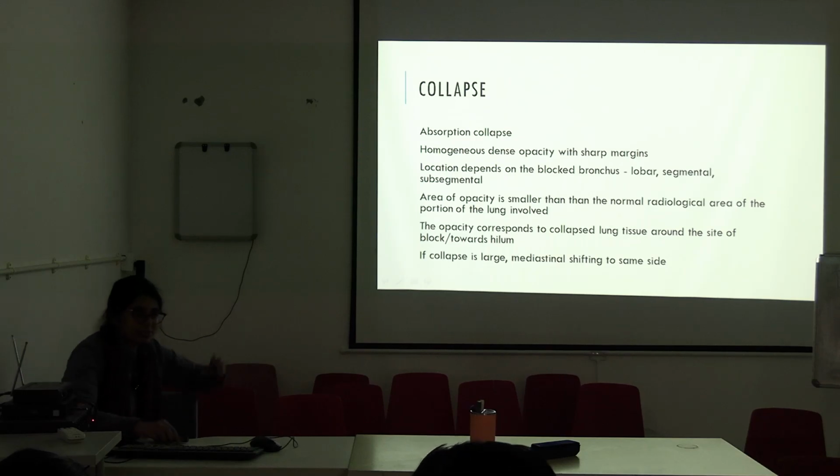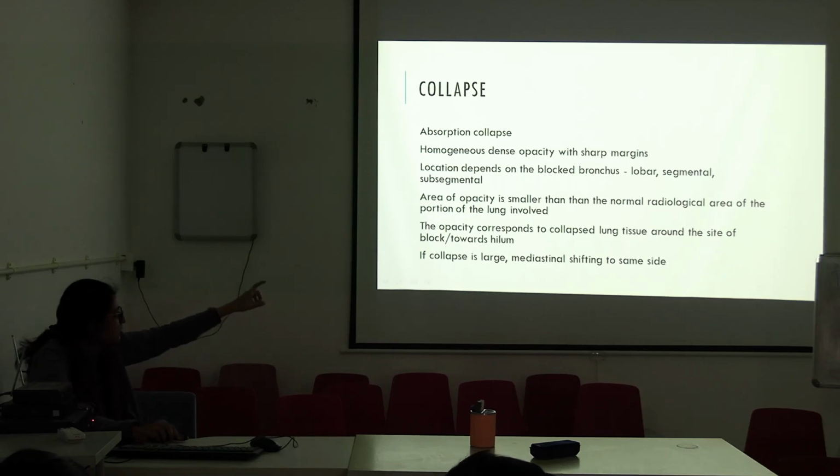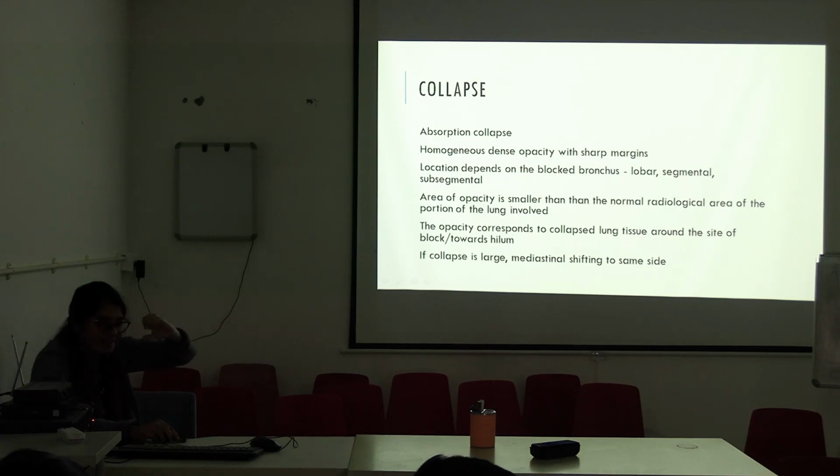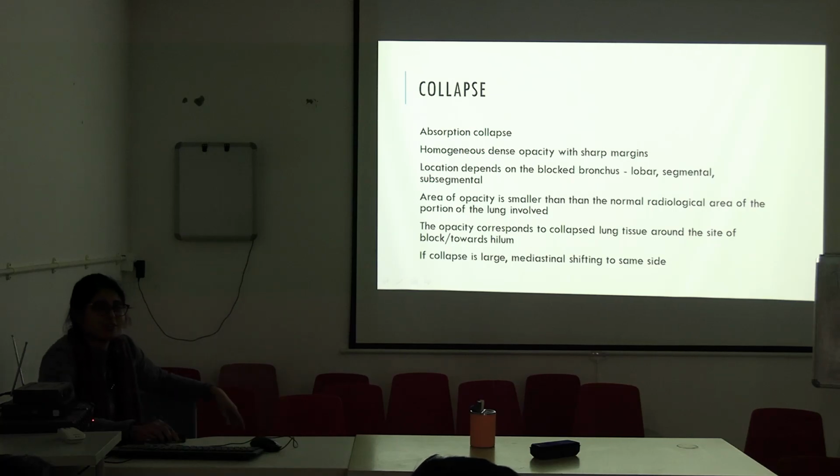What is collapse? It is getting deflated, it is collapsing. When air enters, the area will increase, but when it is collapsing the area becomes smaller. That's why this line: the area of the opacity is smaller than the normal radiological area of the portion of the lung involved. Can you appreciate it?